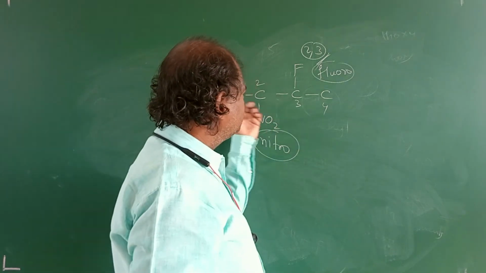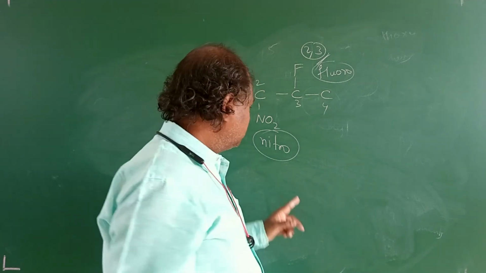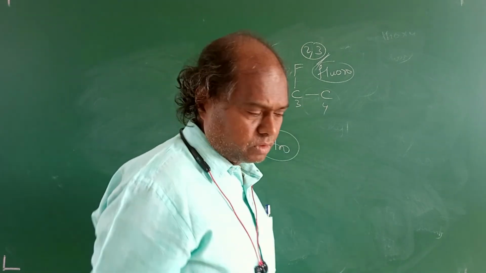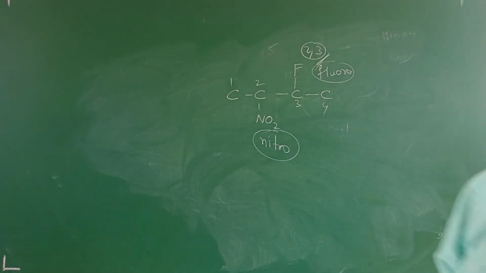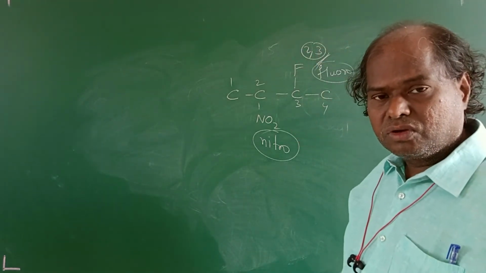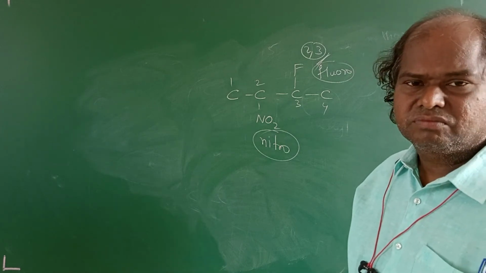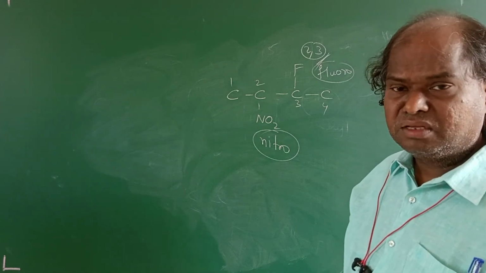Nitro, fluoro. Whether you go like this 2, 3 or you go like this also 2, 3. But alphabetically, if you see N versus F, which comes first? Yes, F will come first. So you should number such that F will get a lower number.